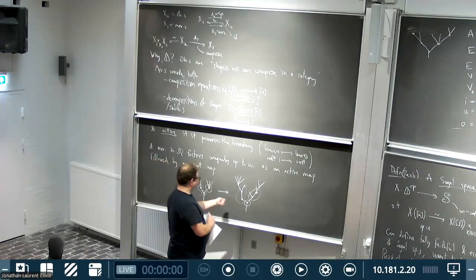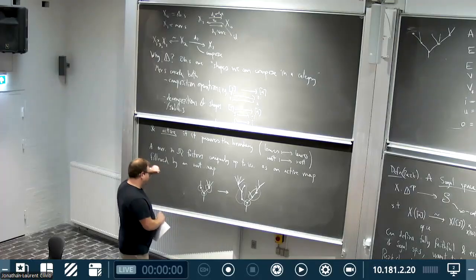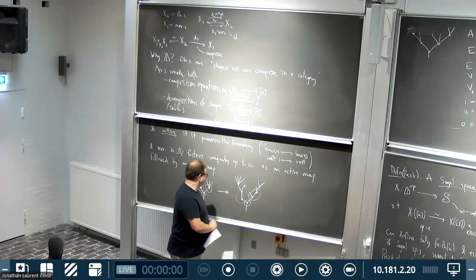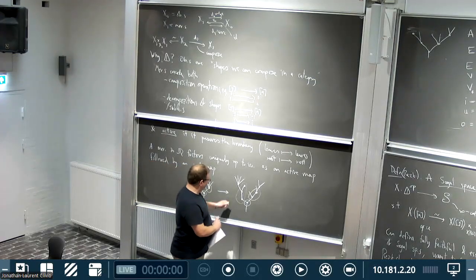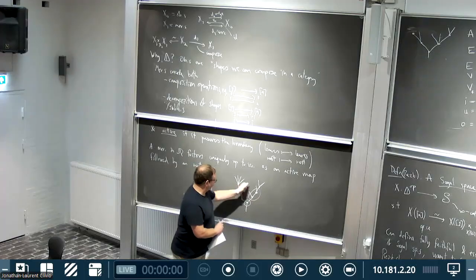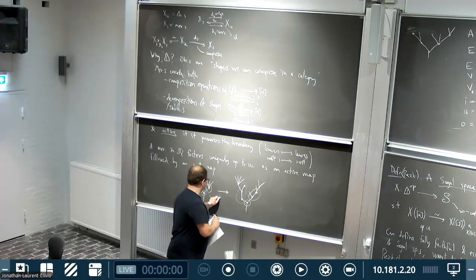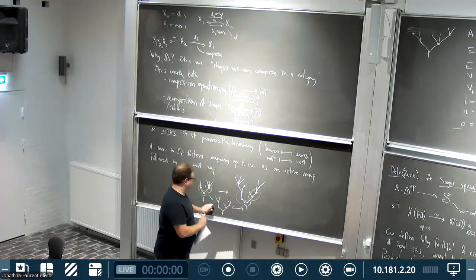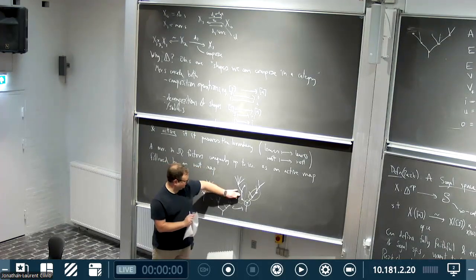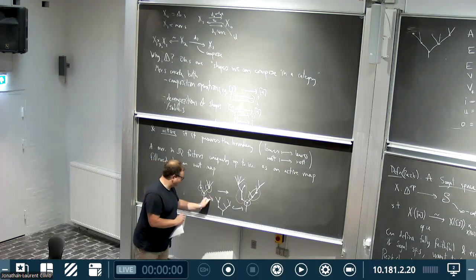And then we see this map is neither inert nor active. To factor it, I take the subtree I get by gluing together the full image. Take this subtree of the target, and now my map onto that subtree is active.